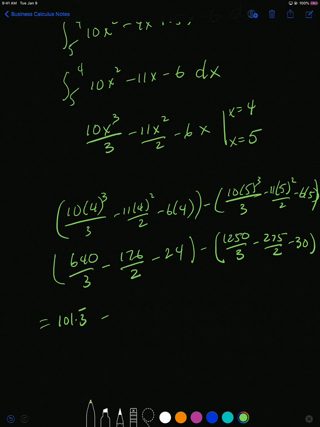Minus 1250 divided by 3 minus 275 divided by 2 minus 30 equals 249.16 repeating, and then you subtract those two answers. And that will give us our answer.